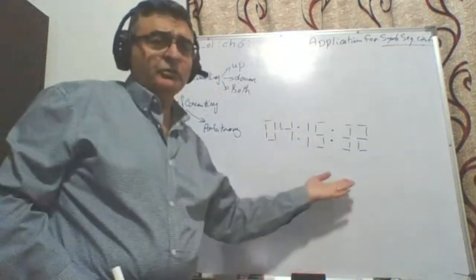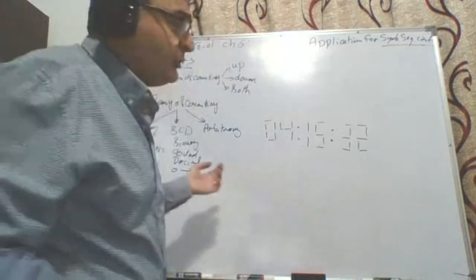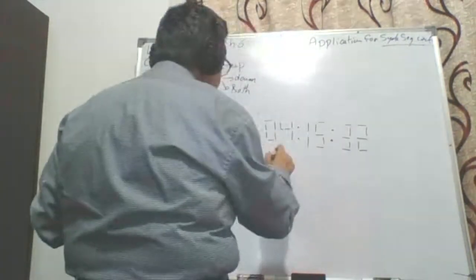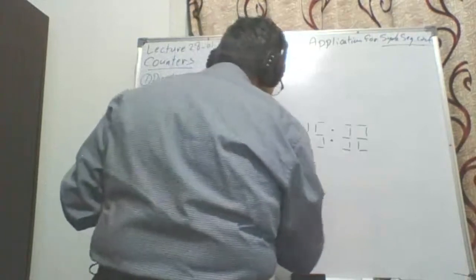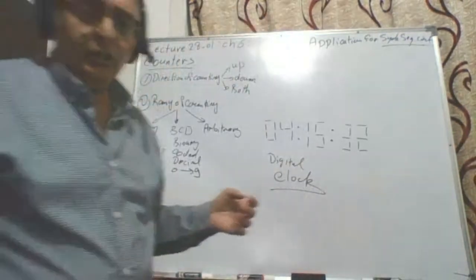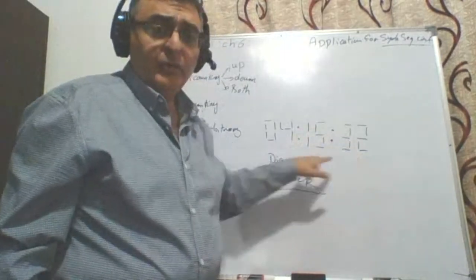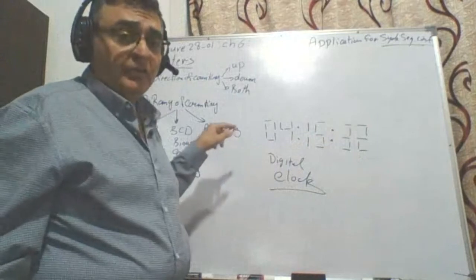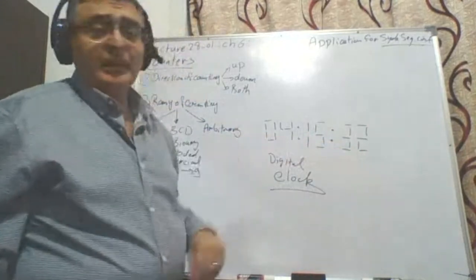What has the doctor just drawn here? Yes, this is called a digital clock. This is called a digital clock. How many counters do I have in the digital clock? I have in the digital clock here 6 different counters.